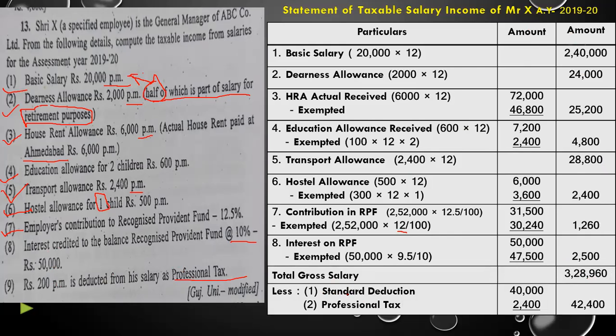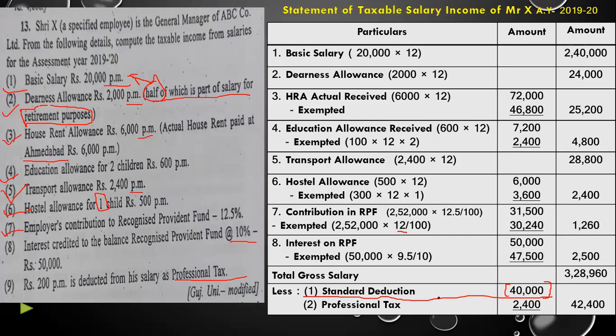Then we will do deductions, specific deductions. First deduction, standard deduction. Always remember, in any sum, the first line in the specific deductions will be this only: standard deduction, 40,000. This amount is fixed. We have to deduct 40,000 only in any sum.